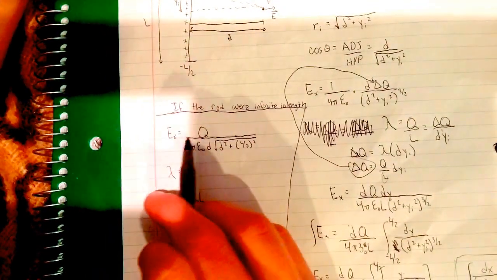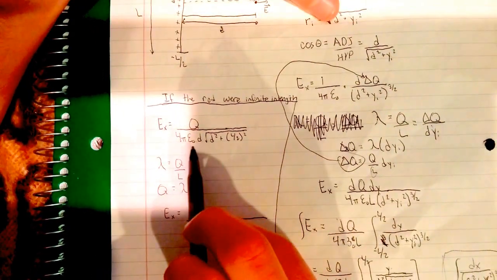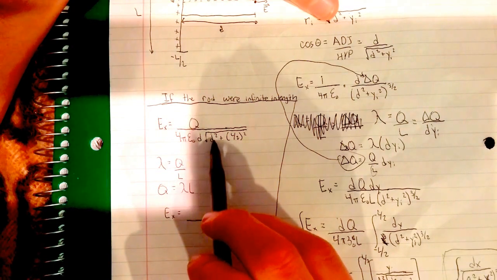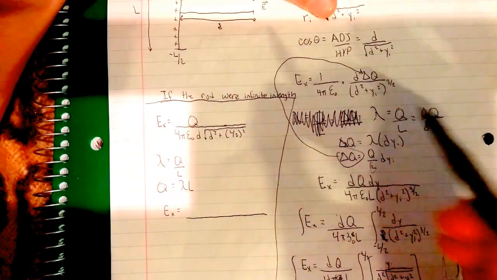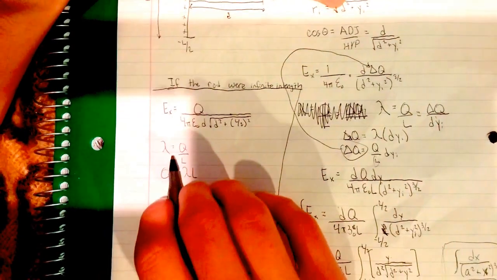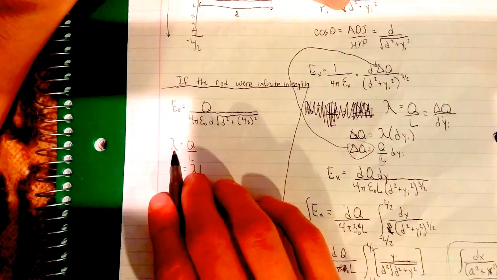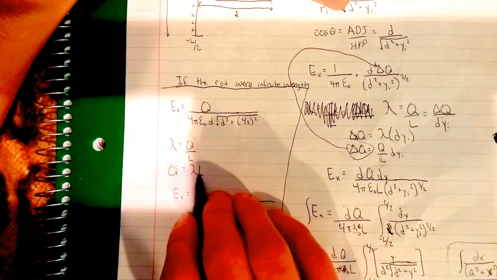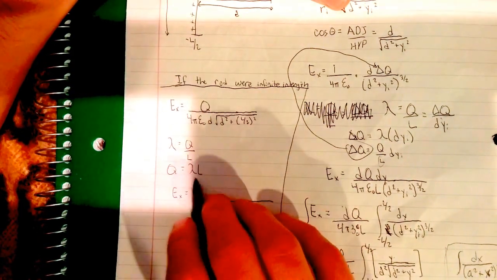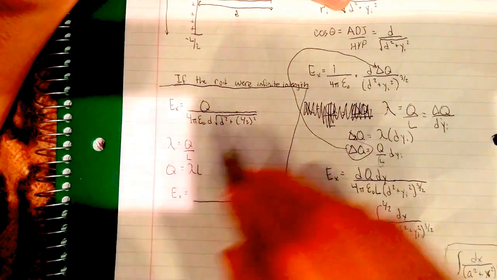So we got q over 4 pi epsilon naught d times the square root of d squared plus L over 2 squared. Now, we know that the linear charge density is equal to q over L. So q is equal to lambda, or the linear charge density, times L.